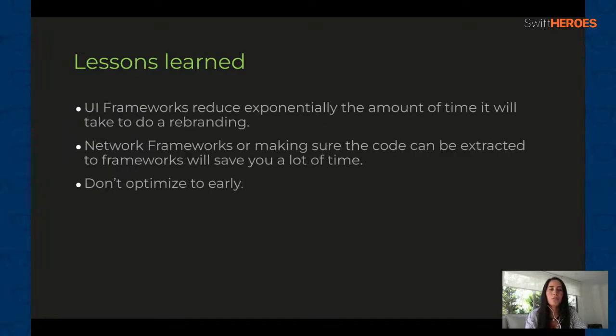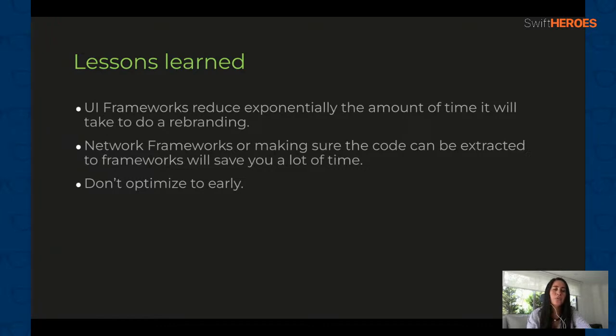Then, like I mentioned, the UI frameworks can exponentially reduce the amount of time it will take you to do a rebranding. Network frameworks, or making sure the code base can be extracted to frameworks, will save you a lot of time. And one crucial idea is that you do not need to optimize too early. If you're in the early stages of your mobile application, thinking of a modular mobile application maybe doesn't make sense because you don't know if it will actually work, or how the users will actually use it, and if this is where the product is going.